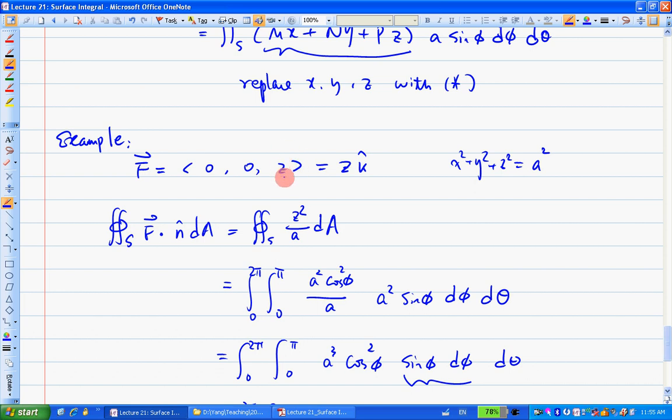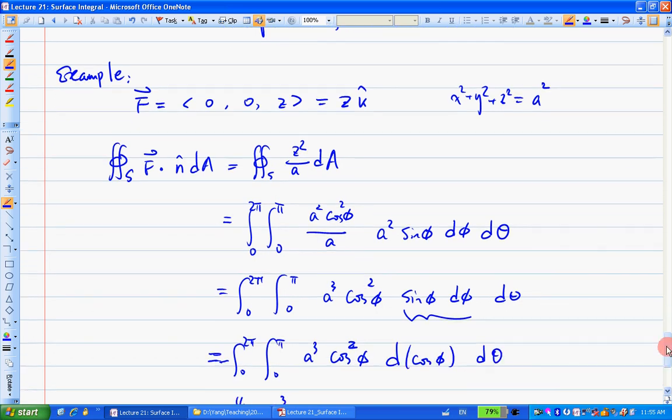How much flux goes through the surface depends on the vector field. You look at this vector field here. That's not a point charge electric field. If you draw this field out, what does it look like? This is actually a good question. At z equal to 0, on the xy plane, the field is 0. As z goes up, the field starts to increase, depending on the z value.